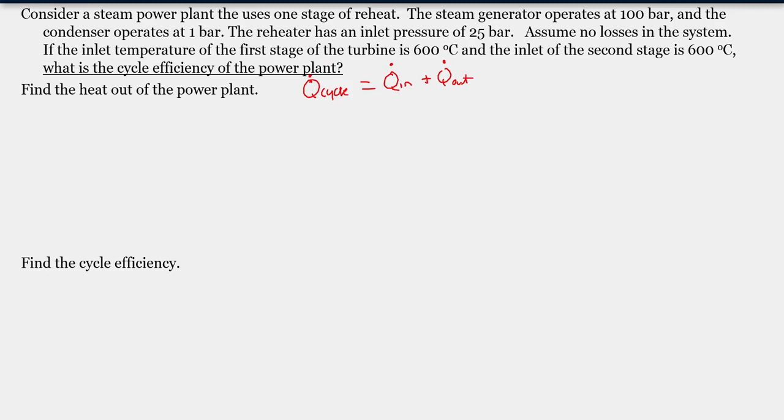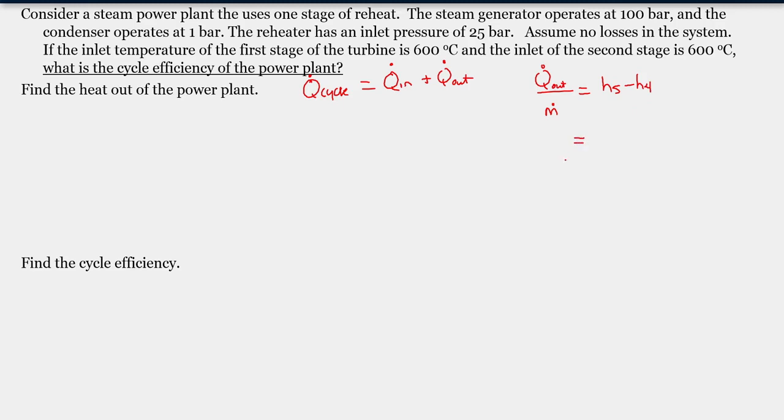There's only one heat exchanger where we reject heat, that's the condenser. So if we want to find the heat transfer out, again normalized on a mass basis, that's simply the enthalpy difference across the condenser. So that's going to be H5 minus H4.